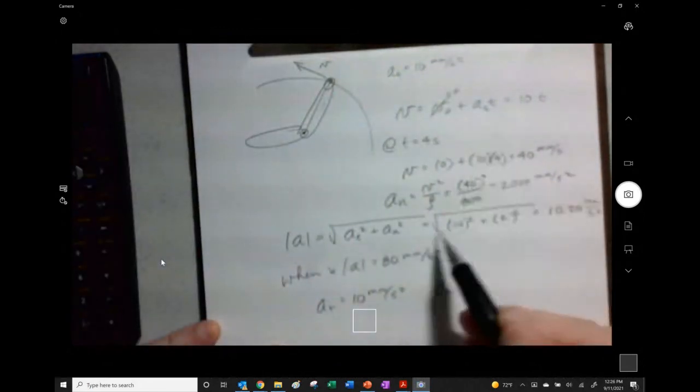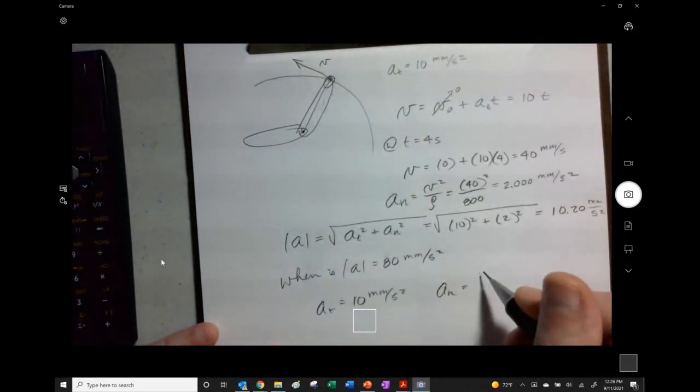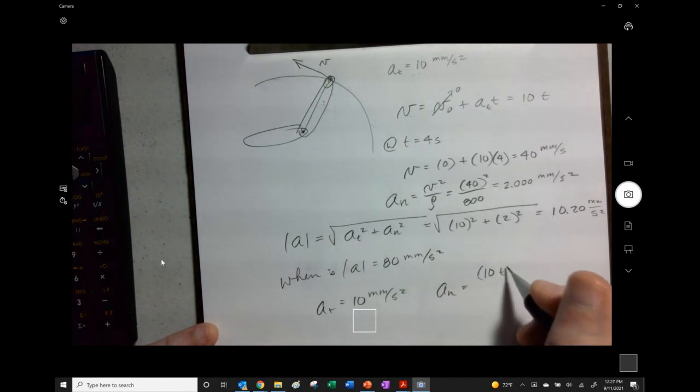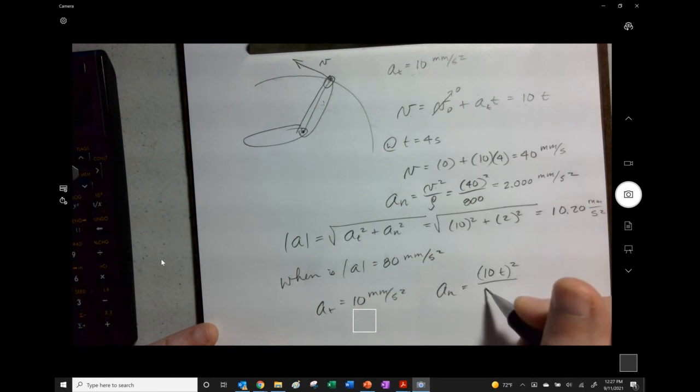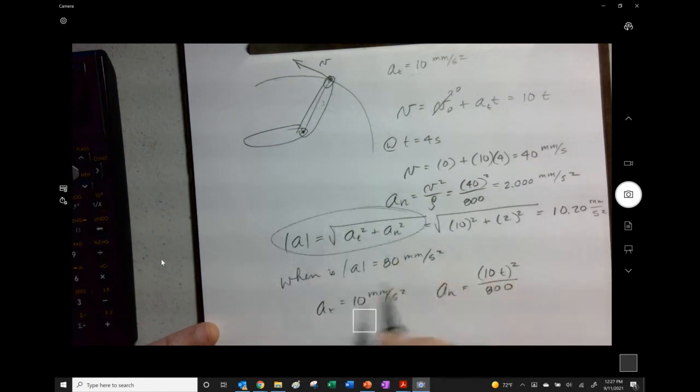And so we know that this is v squared over r. So we could take 10t squared over 800, and do the same thing here.